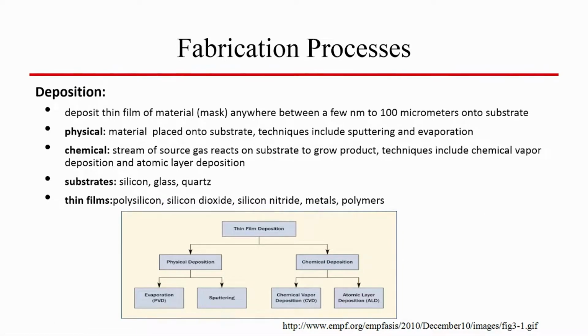Thin film examples are polysilicon, silicon dioxide, silicon nitride, metals and polymers. When you deposit a thin film of polymer, let us say PEDOT:PSS, a conducting polymer, I can use a CVD technique.